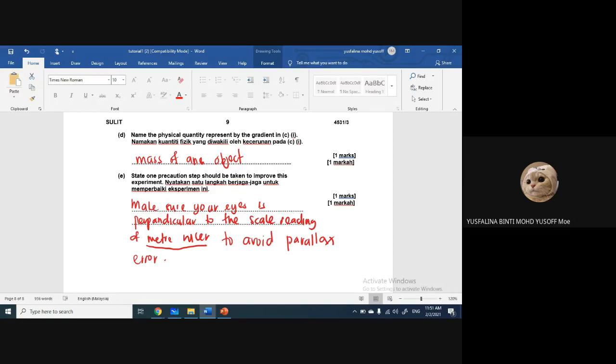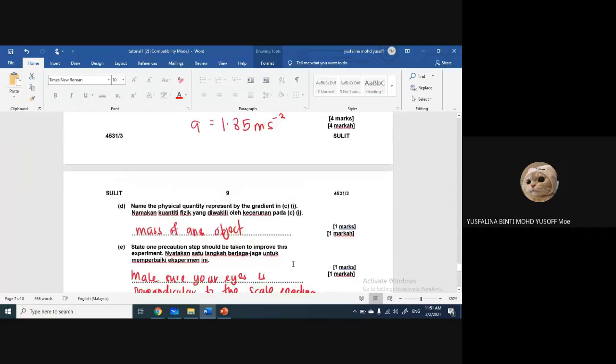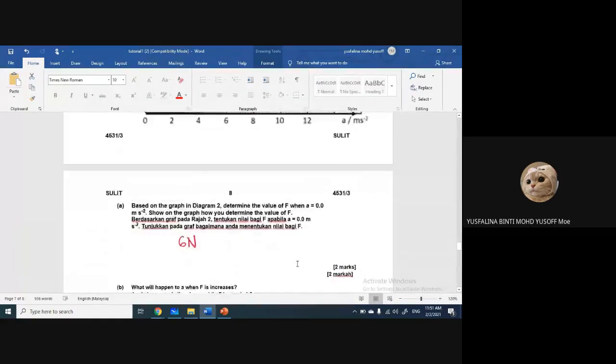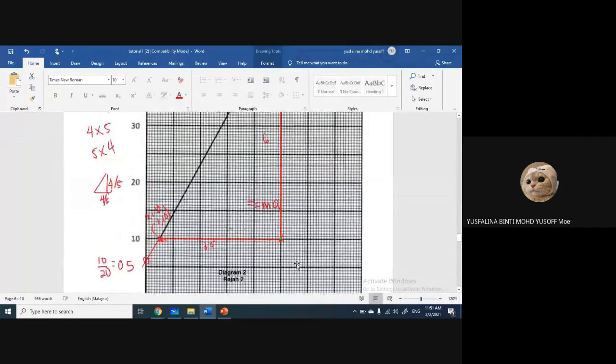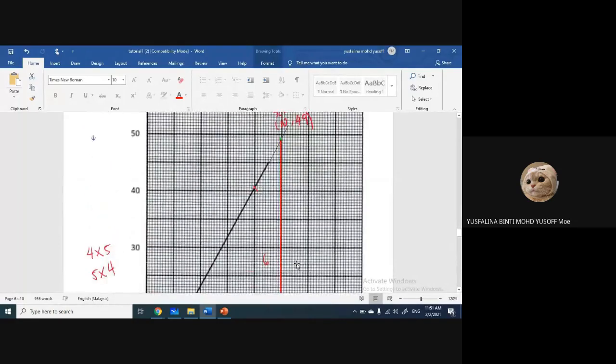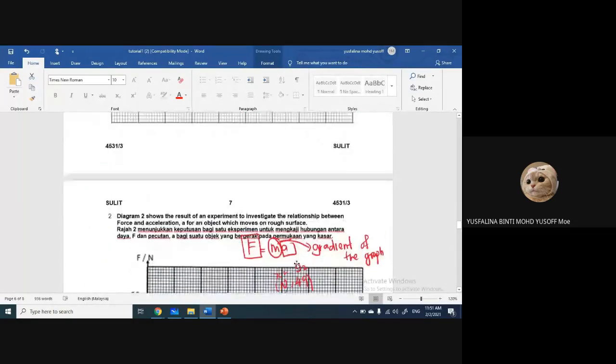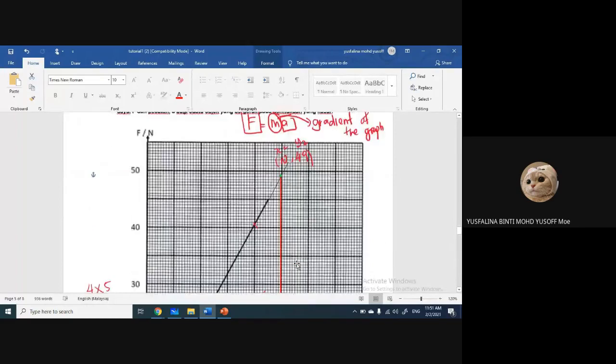Just put all the words. Just memorize and copy back, then replace the measuring tool. Alright, so this is the precaution. Okay, 1 mark. So this is an example of Paper 3 number 2 questions.